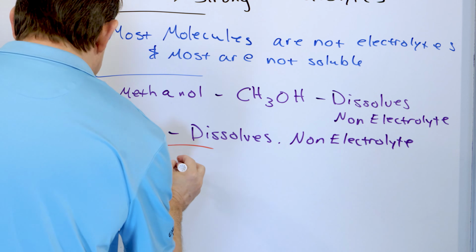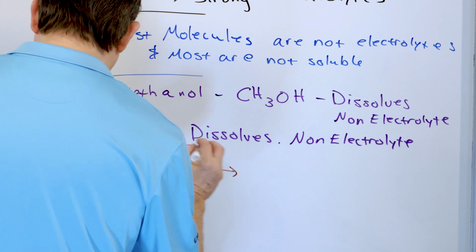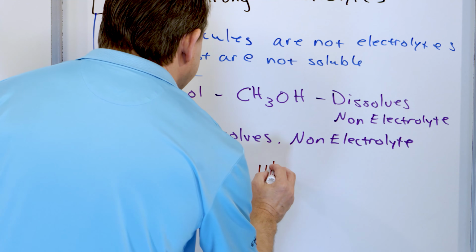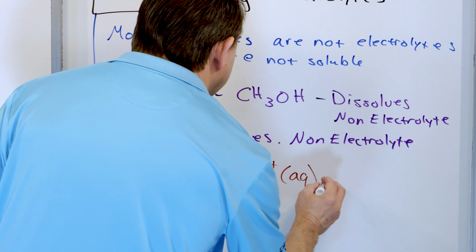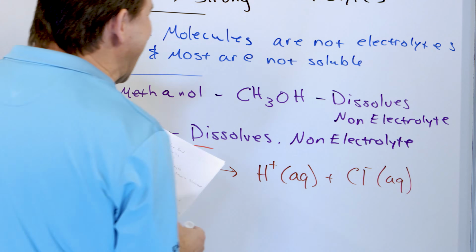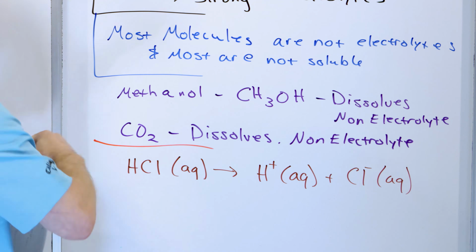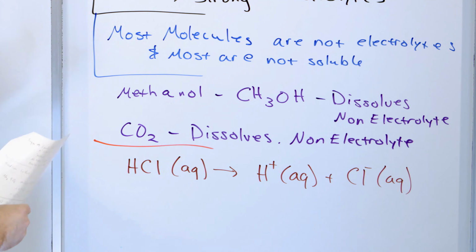However, when you put it in aqueous solution, it actually breaks down into hydrogen ions, right? And chlorine ions. And an acid is any substance that's a hydrogen ion donor, when it breaks down and has lots of hydrogen ions in there. That's what an acid is.